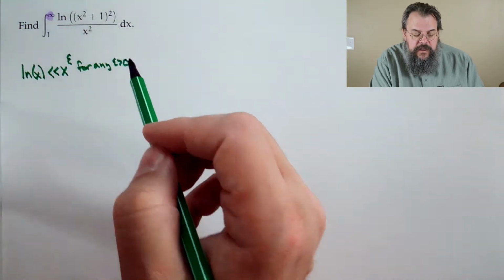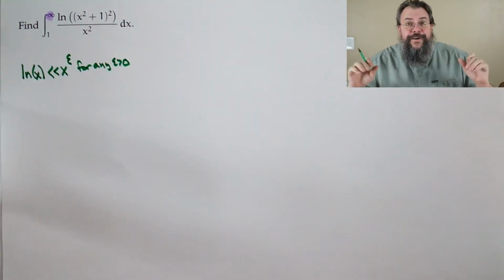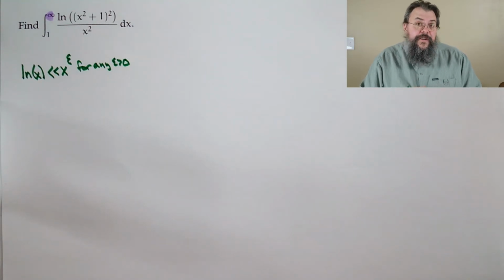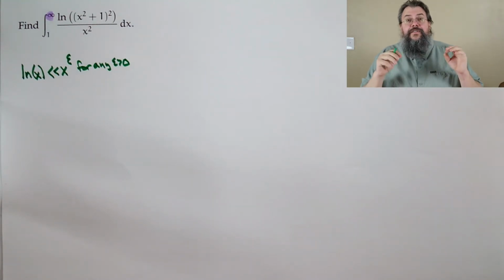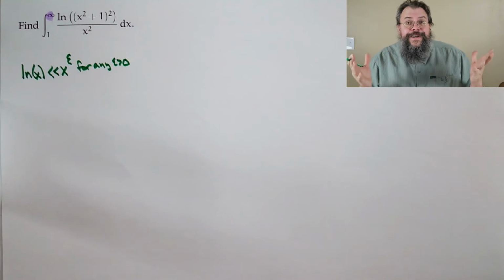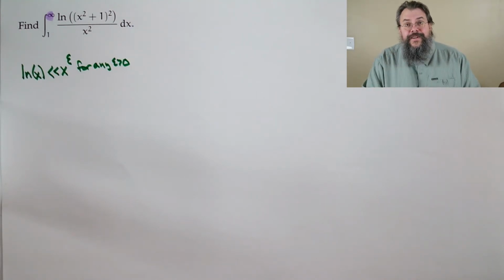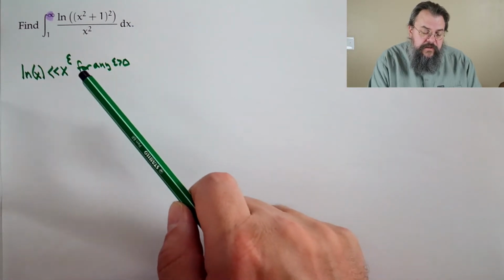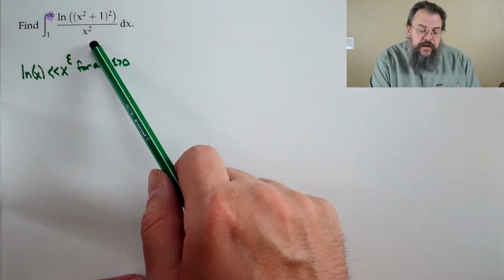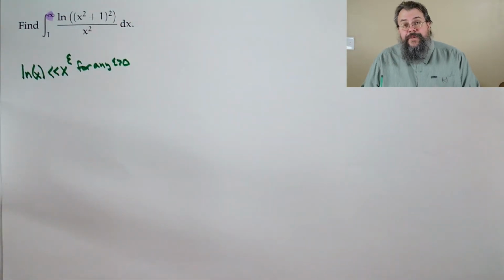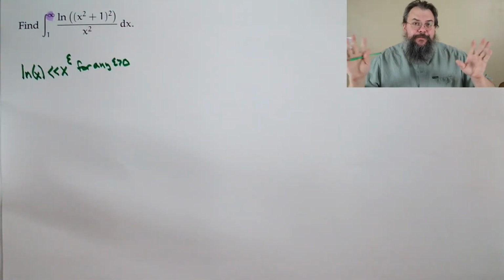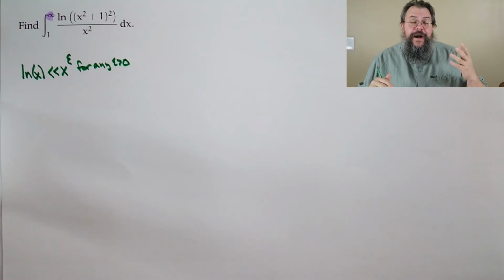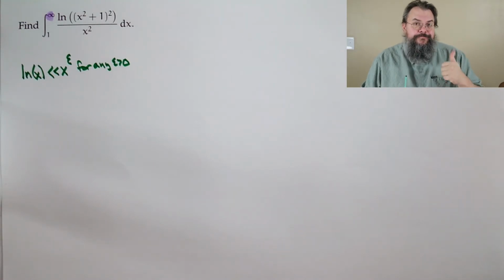In other words, as we go out in the very long run, even though log of x goes to infinity, x to the 0.00001 will go to infinity faster than log of x will. So essentially I can bound this by the integral of 1 over x to the 2 minus epsilon. I'm happy with that because I know how to integrate things like 1 over x to a power, and I know that's finite as long as my power is above 1.